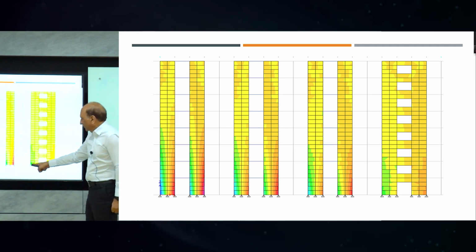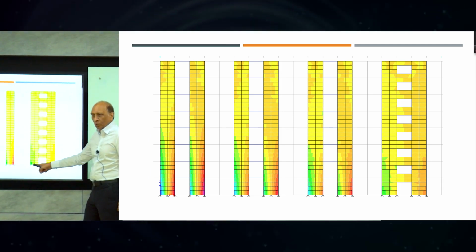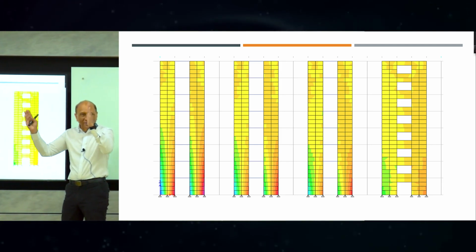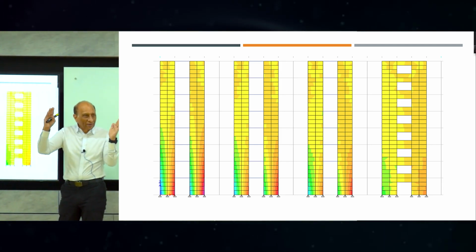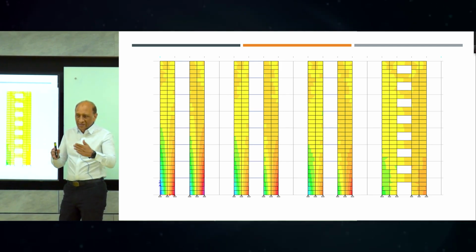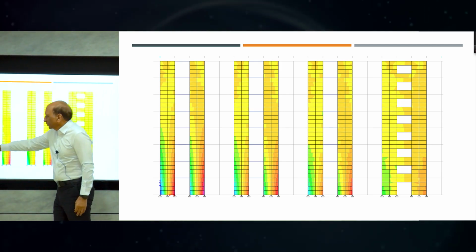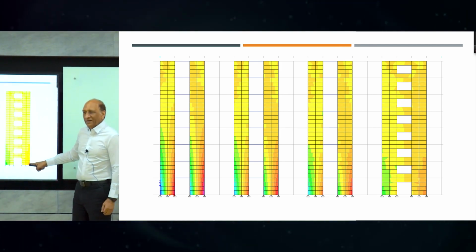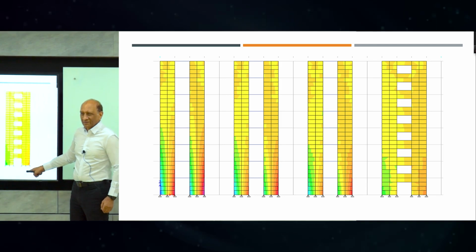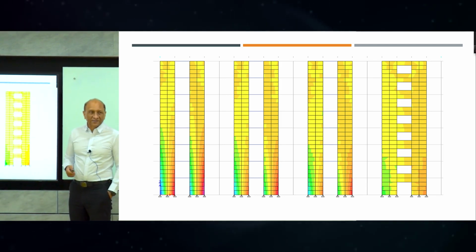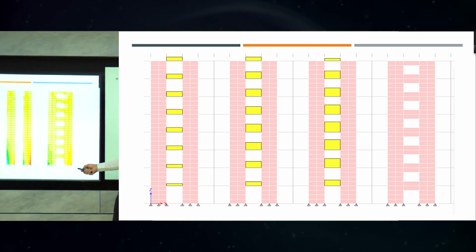Here, it is completely shifted from here to here. There is no more local bending of each leg. The whole wall is bending together as one big element. And that's what we want. Increase the stiffness from that individual. So this is 1 + 1. This is 1 + 1 multiplied by some factor.